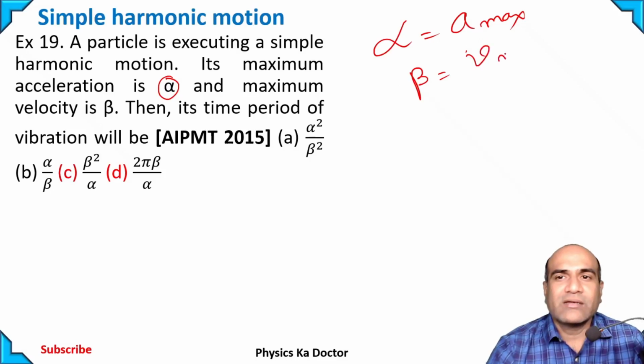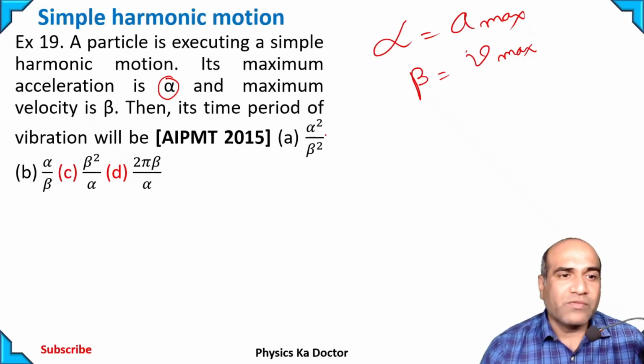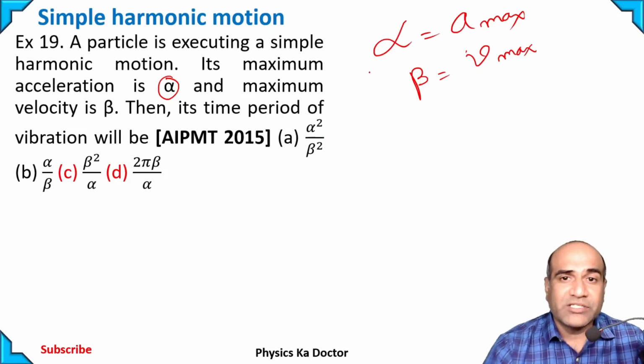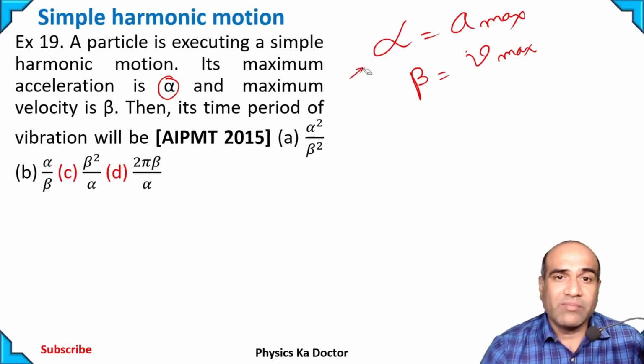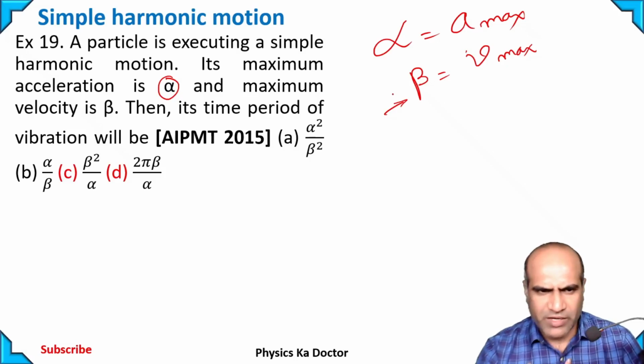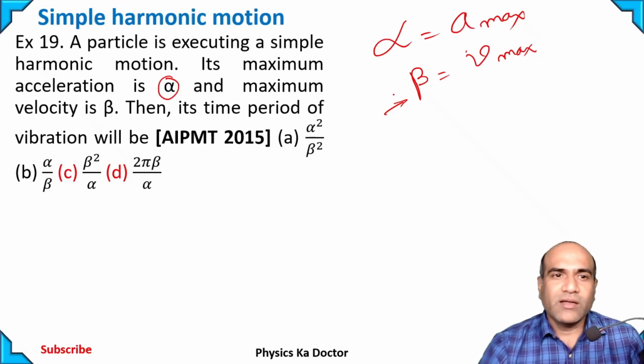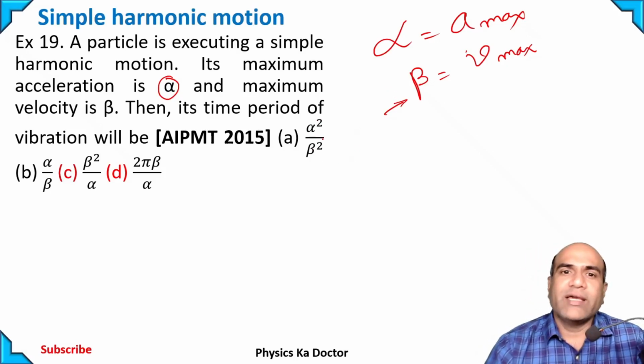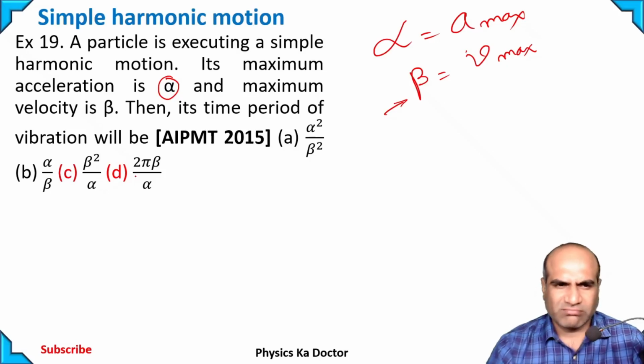Then the time period of vibration will be, from the All India Pre-Medical Test. The options are alpha square by beta square, beta by alpha, alpha by beta.